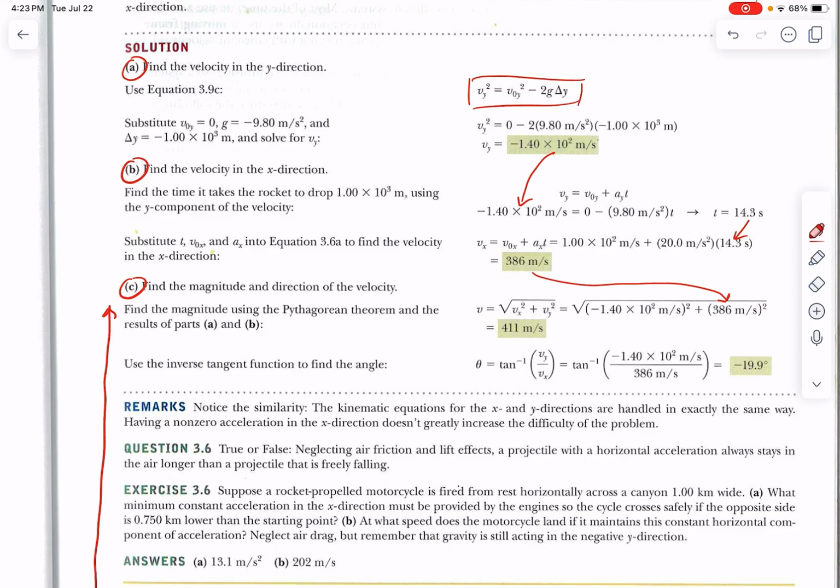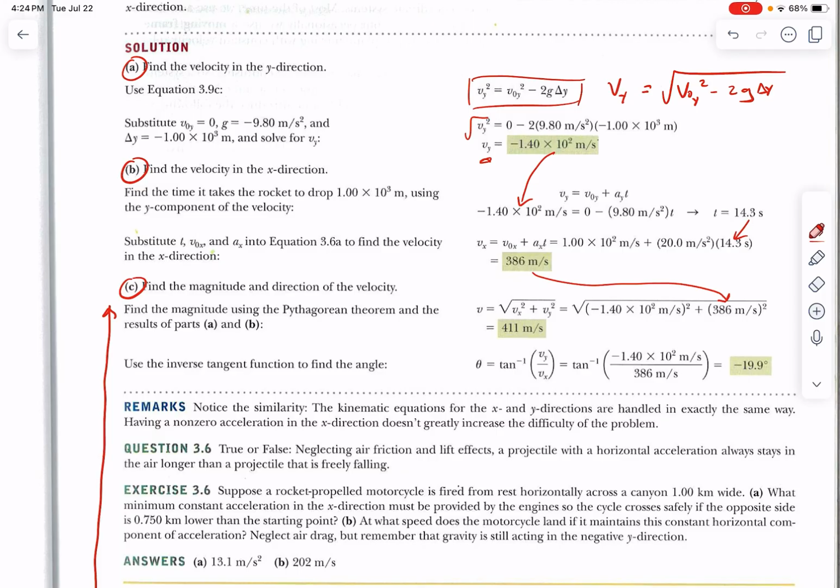You can take a square root of it later when you solve for y, or you can take the square root of the equation first, where your velocity in the y direction is going to equal the square root of the initial velocity in the y direction squared minus 2g change in y. You can do it either way, of course.